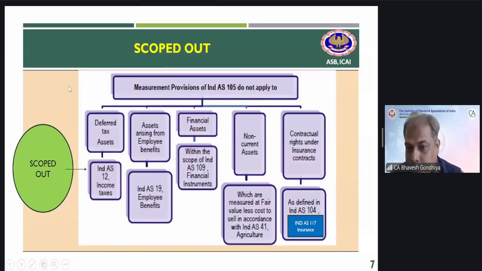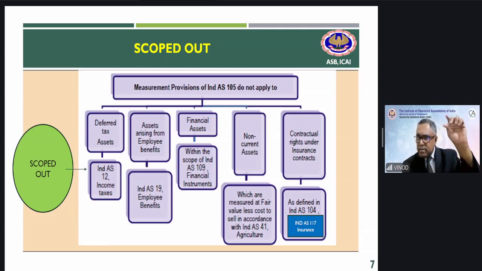Yes, sir. So this standard is a bit confusing because as per this standard, the measurement provisions of Ind AS 105, meaning lower of carrying value or fair value less cost to disposal, do not apply to these Ind ASs: deferred tax, employee benefits, financial instruments, agriculture, insurance.